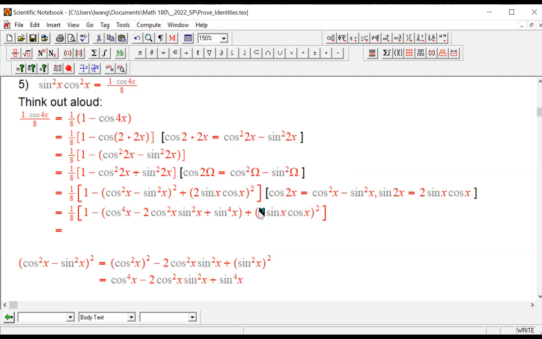So 2 squared is 4, and sine squared and cosine squared. Now be careful. We got to open up the parentheses, so we can open up this parentheses for sure.